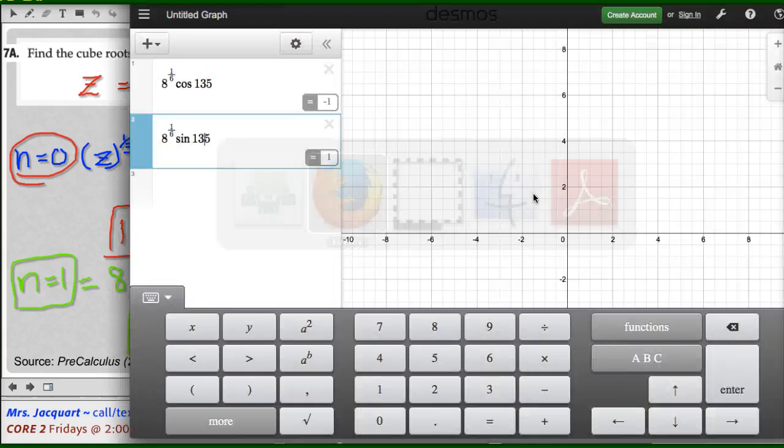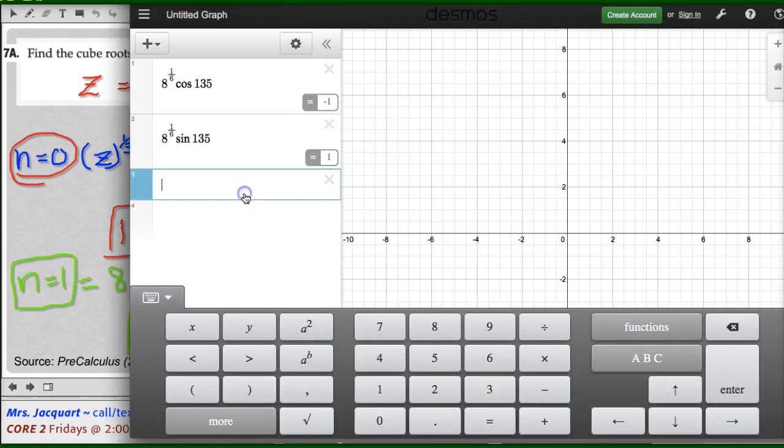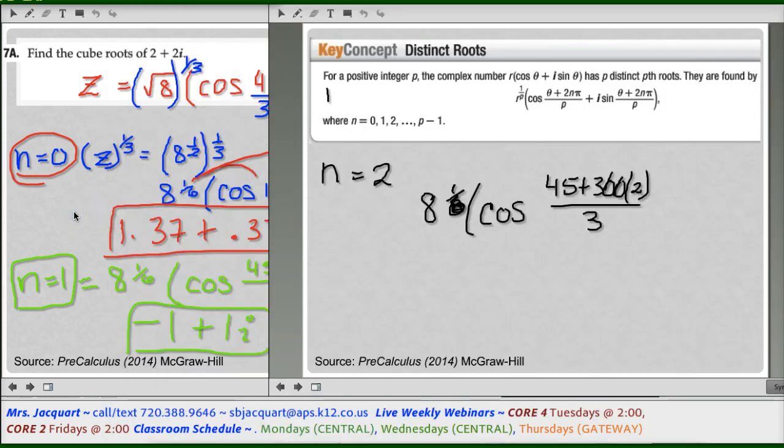Let's go find out what that is. 45 plus 720, do parentheses, divided by 3. 225. Plus i sine 225.